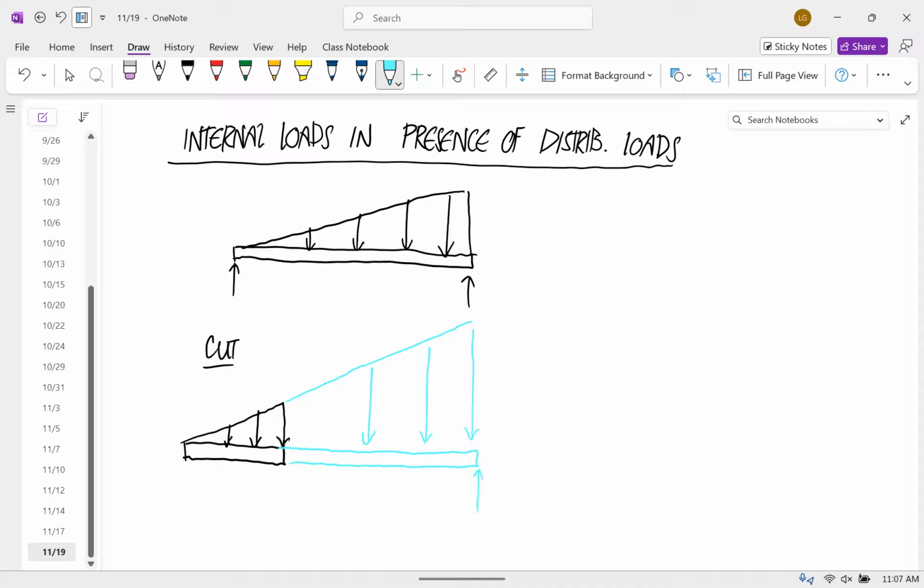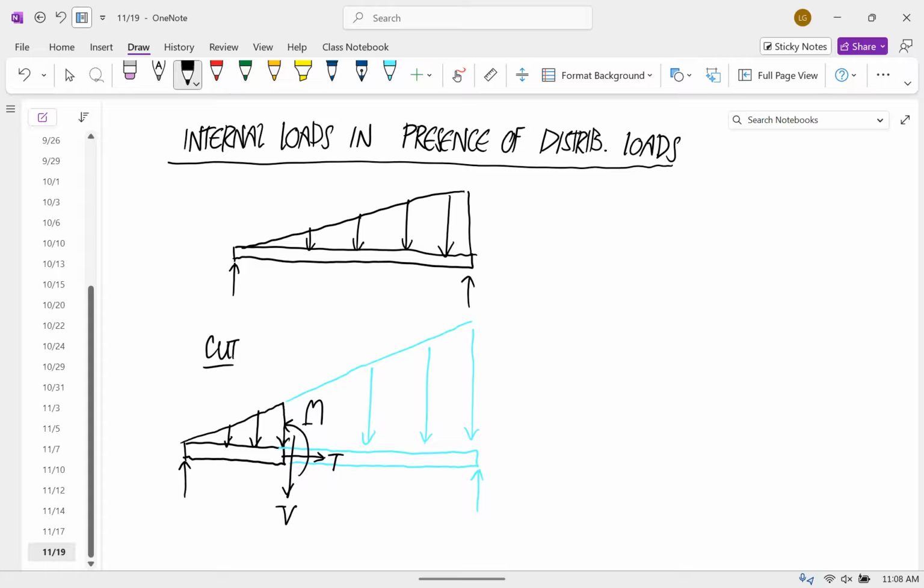And it doesn't have this force. It does have this force. And then it has the internal loads produced by that fixed joint. So that's what a cut looks like when there's a distributed load.